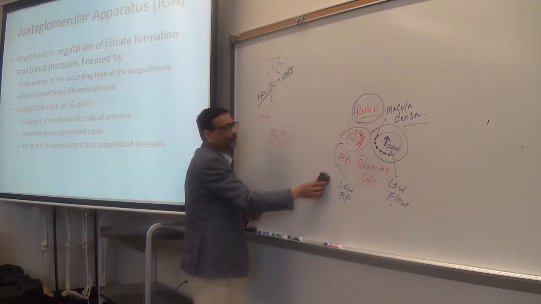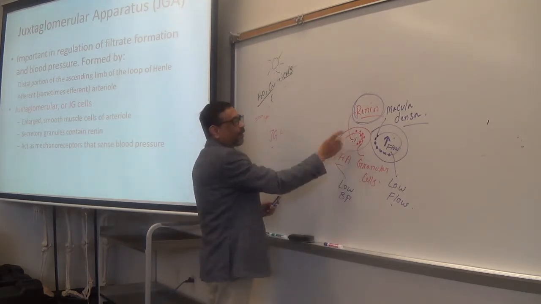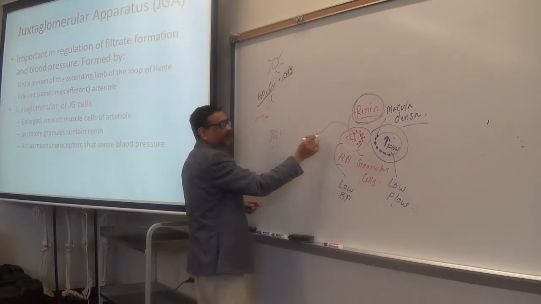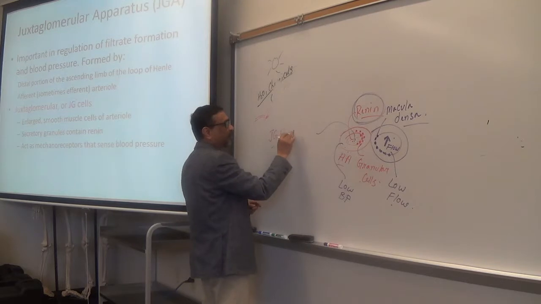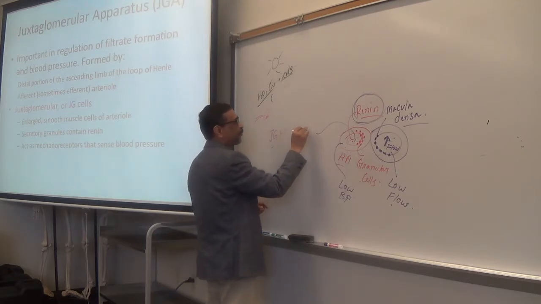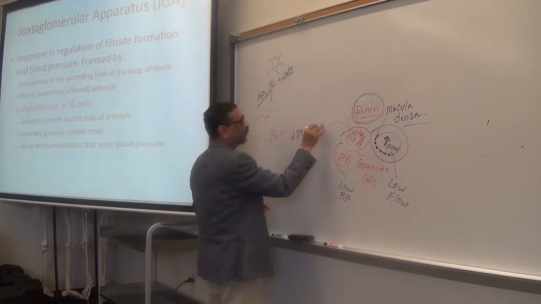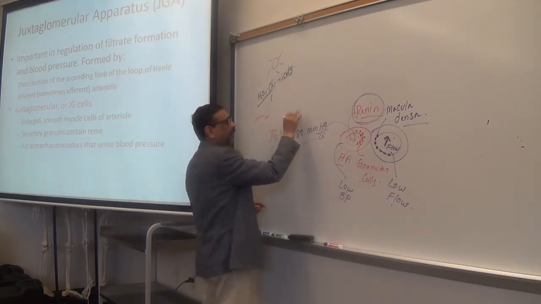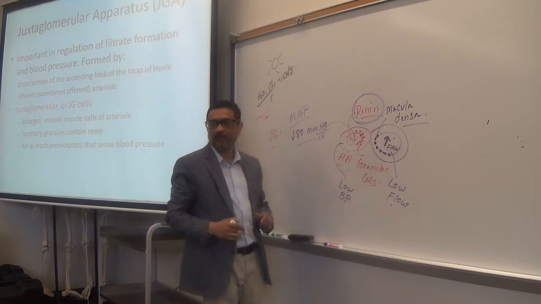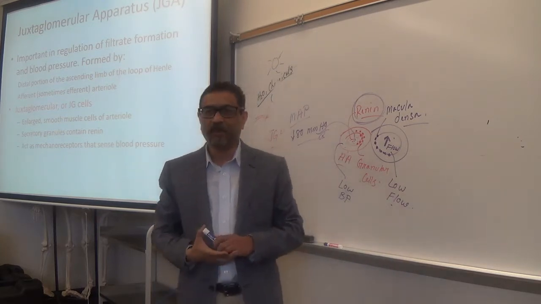Okay, so now the pressure inside the afferent arteriole, if it goes below 80 millimeter of mercury, that pressure is the mean arterial pressure. How many of you remember MAP? All of you remember, right?